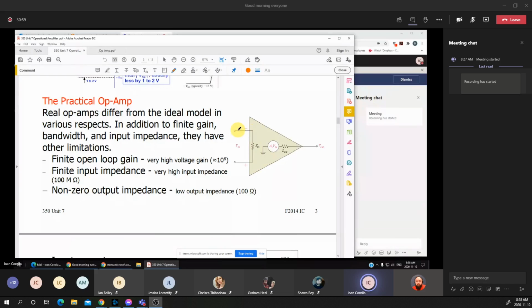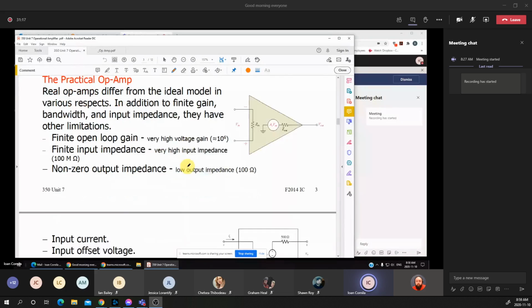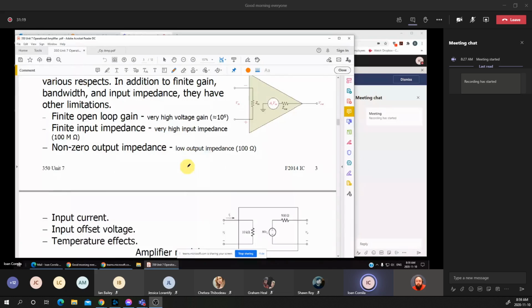I'm talking about a few micro or nano amps, which can be approximated as a current of 0. The open loop gain, again, is very high, on the order of 10 to the power 6. It is not an infinite gain, but a very high gain that can be used in our calculations and applications.